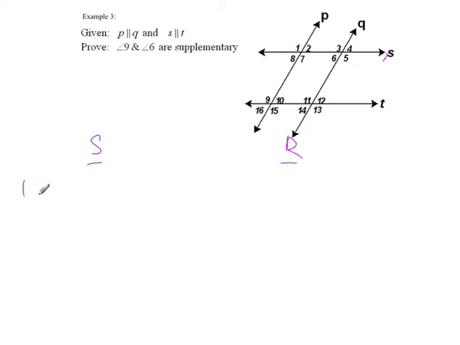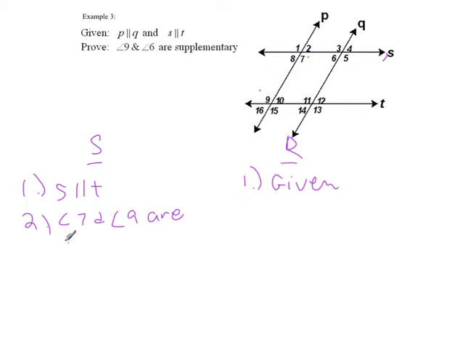So first, I would like to say that angle 9 and angle 7 are congruent. And again, those were alternate interior angles. But first, I'm going to say that S is parallel to T, because unless I know that, I don't know they're congruent. That's given. The next thing is I'm going to say angle 7 and angle 9 are alternate interior angles.